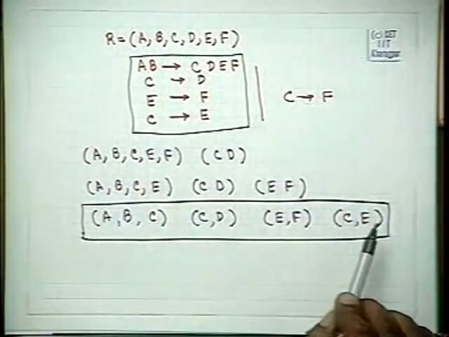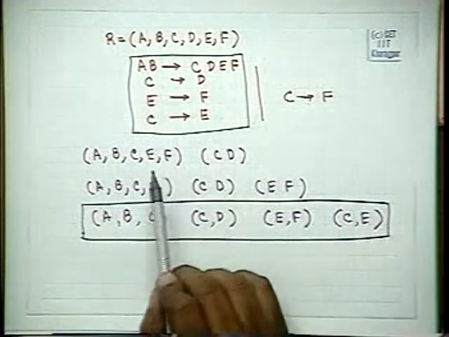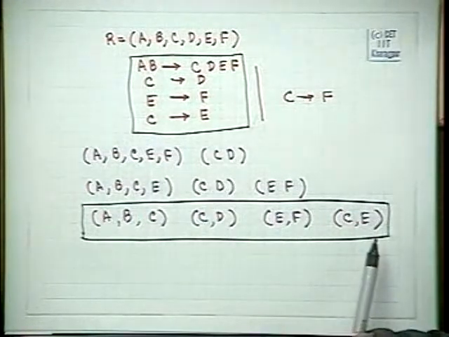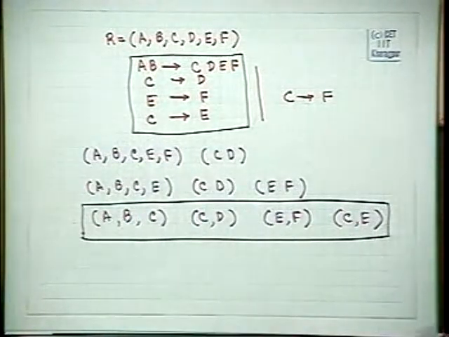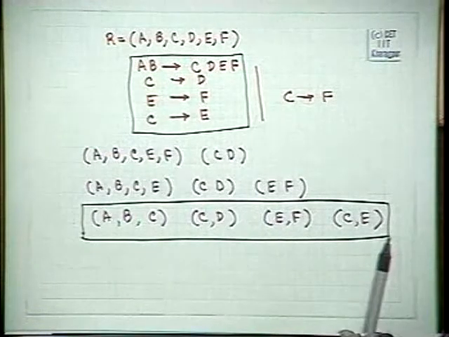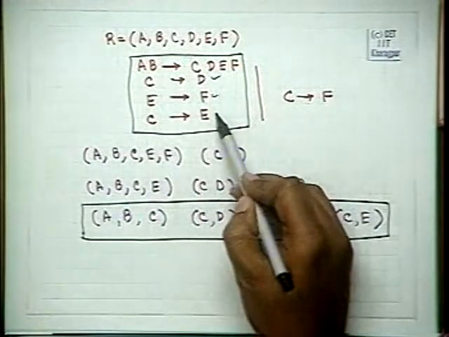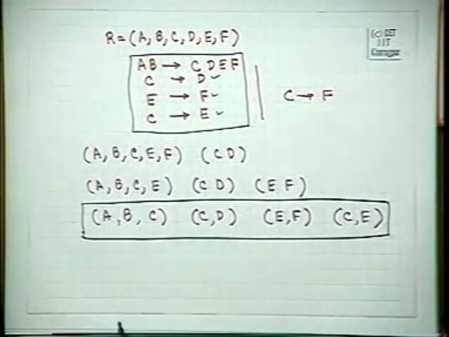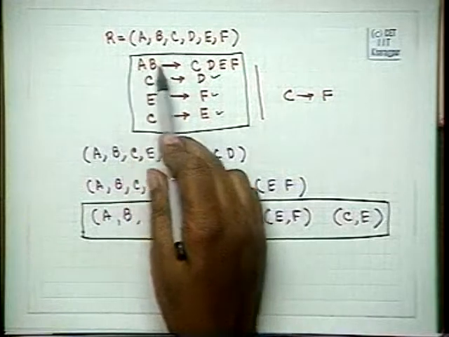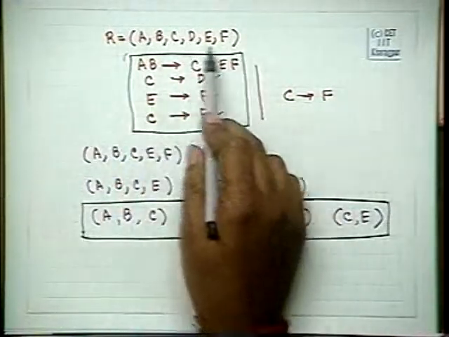It is said to be dependency preserving if it will preserve all the dependencies when any canonical form is applicable individually. Here this is applicable individually, this is applicable individually, this is applicable individually. By the look of it, this is not applicable individually.